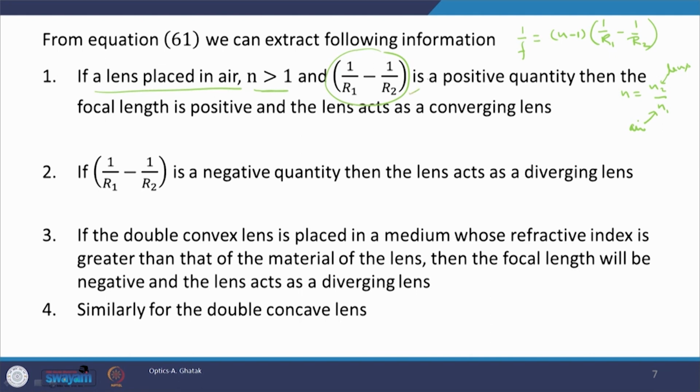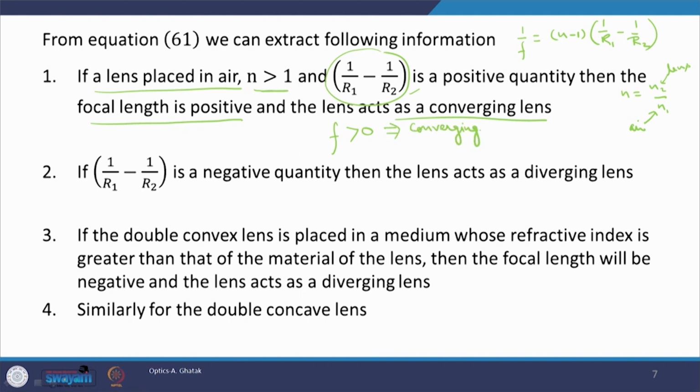If this is a positive quantity, then the focal length will definitely be positive. And if focal length is positive, then the lens will work as a converging lens. If f is greater than 0, then the lens will act as a converging lens.